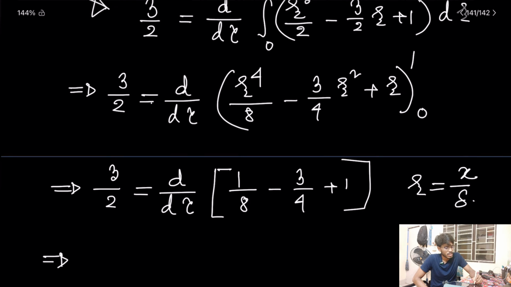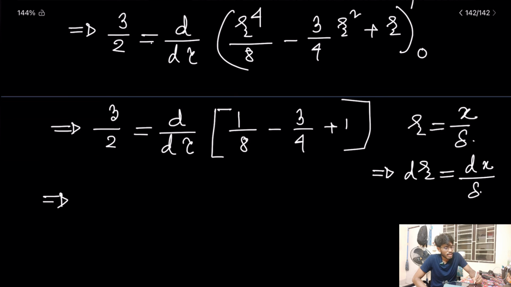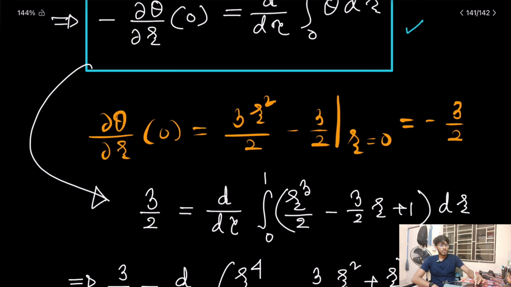Clear? That means my d zeta is equal to dx by delta. Clear? And my tau is equal to t by t ref, and that is totally fine.